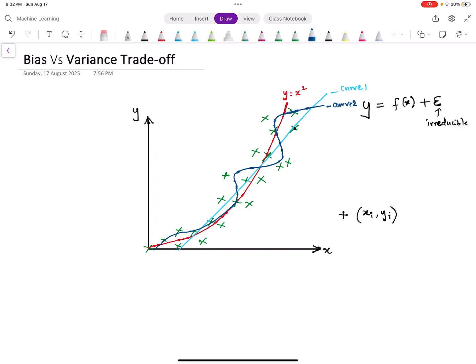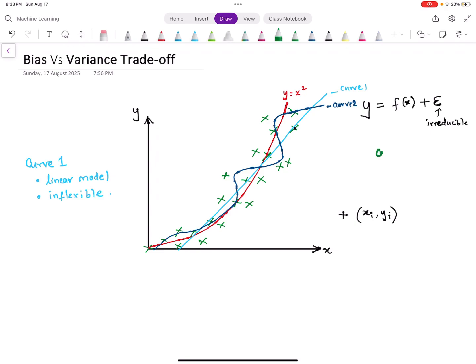Curve 1 is simple; it is basically a linear function or a linear model, and it is inflexible, with fewer degrees of freedom. But curve 2 is more flexible as it fits the data, hence gives us a more complex function.